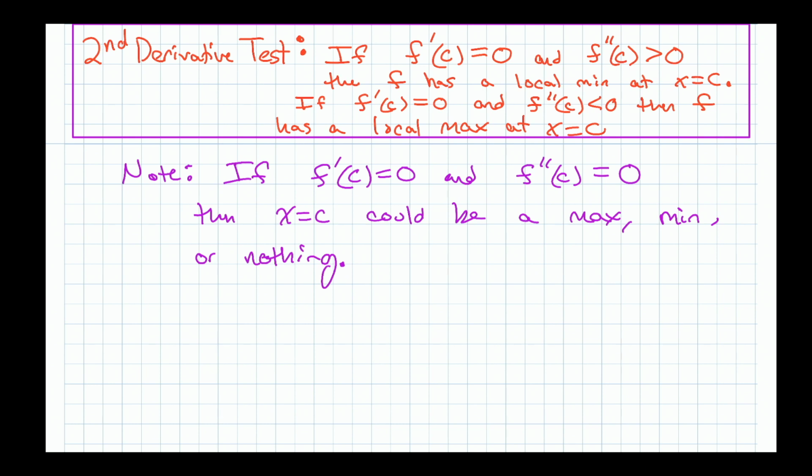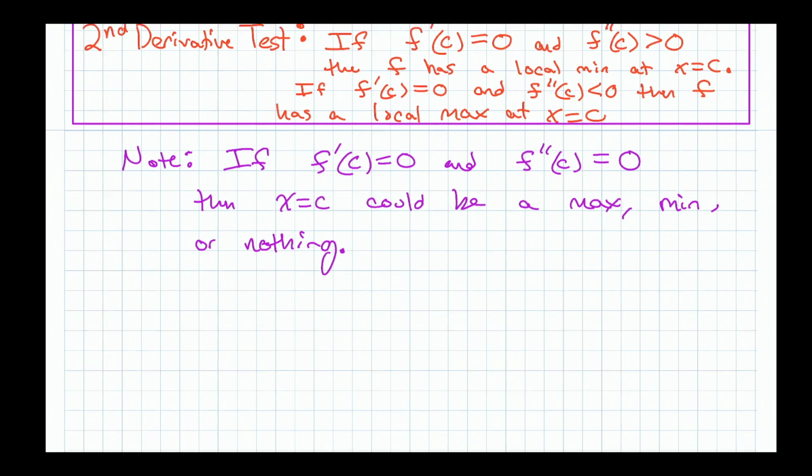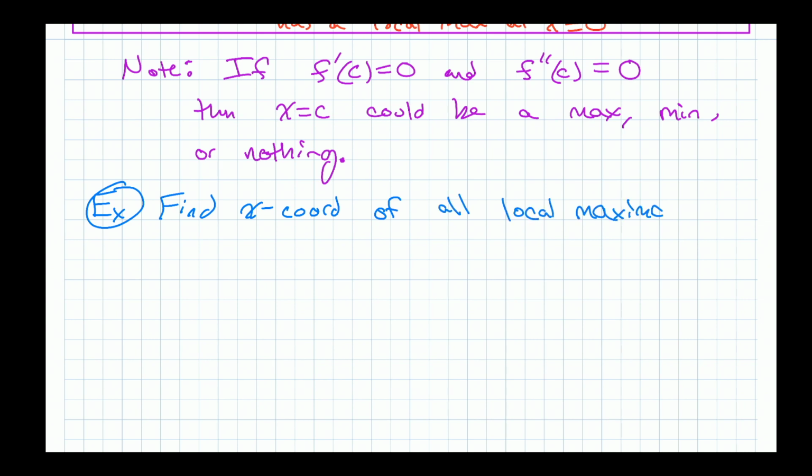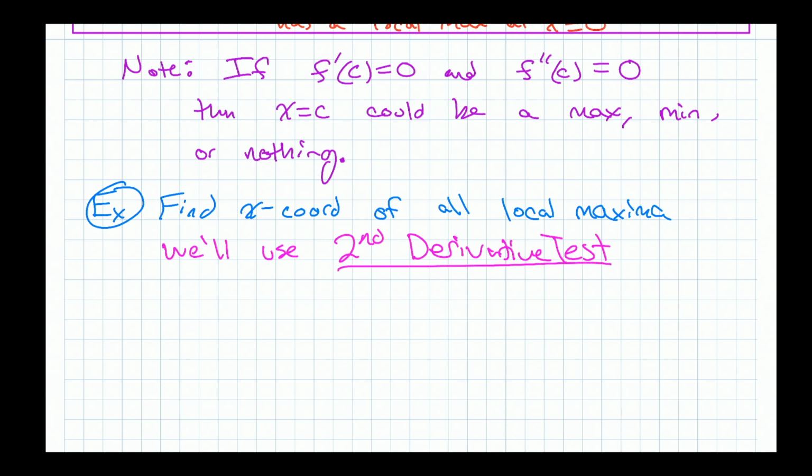Okay, well, let's go ahead and do it. See how it goes. It is a little bit faster, I'll admit. So let's do one. Example. Find the x-coordinate of all local maxima, and just as a note, we'll use the second derivative test for this, instead of the first one.